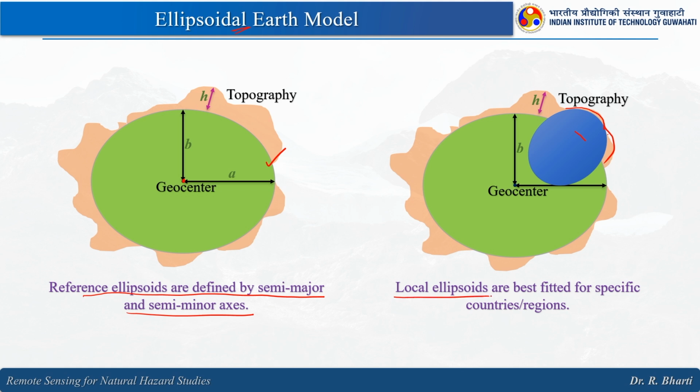The local ellipsoids are the best fitted for a specific country or region. In this particular case, the global ellipsoid was not able to represent this elevation, this topography, but if we have an ellipsoid here, it may represent a specific country or region, right.